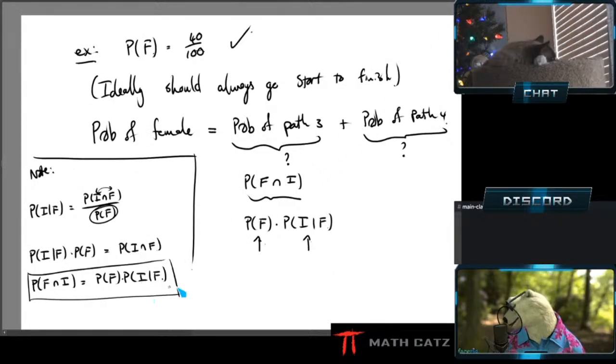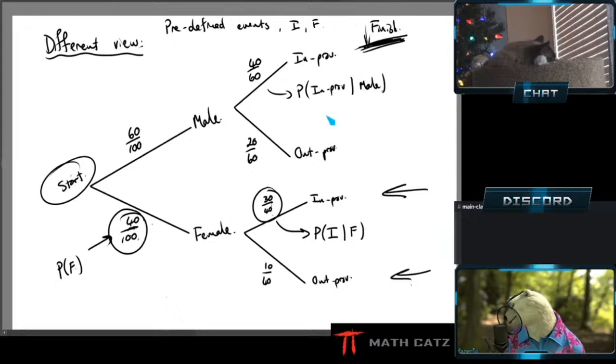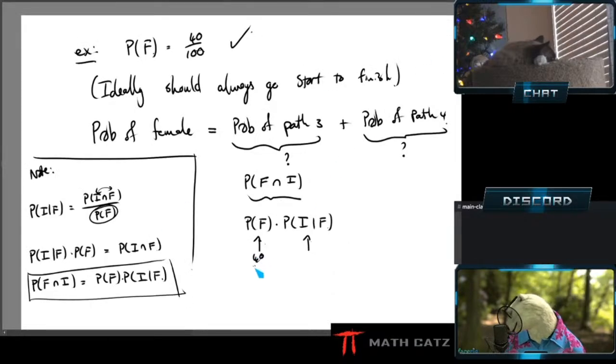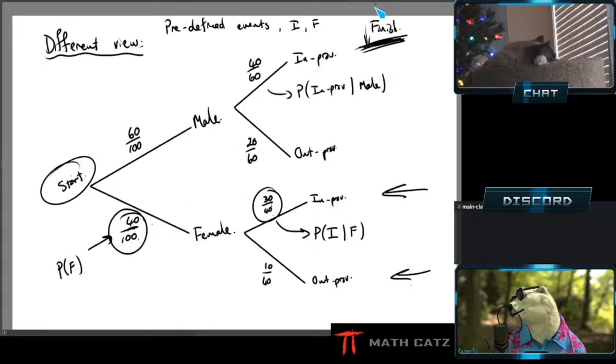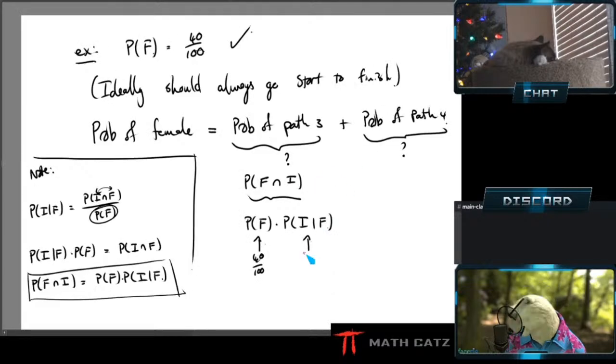So doing this alternative form of the formula, let me just see, what was this? 40 over 100, and this other one was 30 over 40. Now it simplifies in this case because it's a simple question to begin with. And I multiply them.